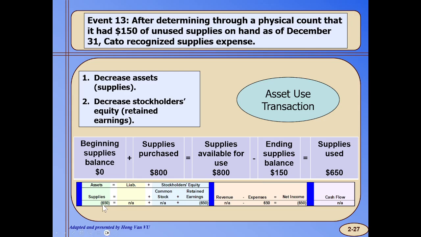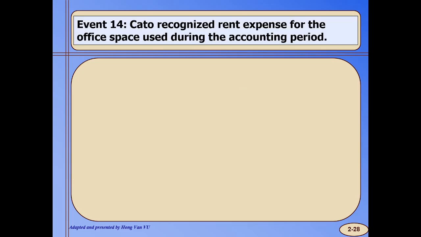So the company has a supply asset decrease of 650, and the transaction effect on retained earnings decreases by the same amount, 650. This transaction also affects the income statement because there's an increase in supply expenses and the net income, but there's no record on cash flow. This transaction is classified as an asset use transaction.